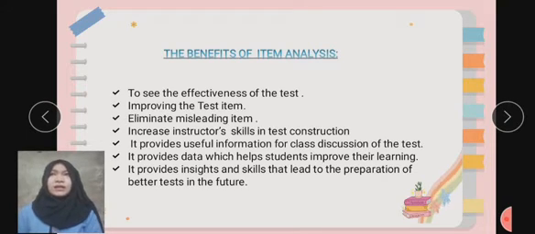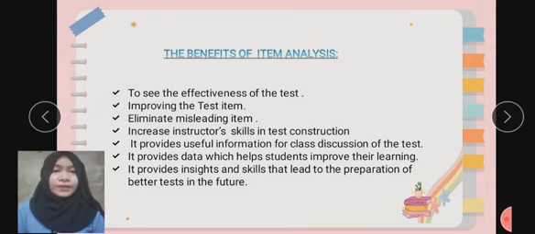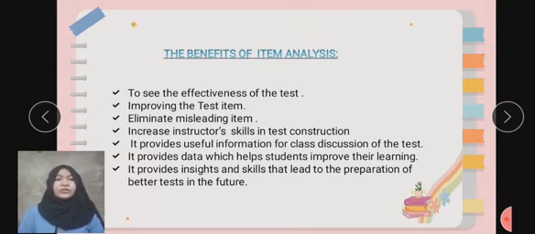Kasi nga, while we're checking the mistakes, sabi nga sa kasabihan, mistake is the best teacher. So, as we go on, mas natututunan natin na makagawa ng mas maayos at mas productive na task. So, it provides useful information for class discussion of the test.